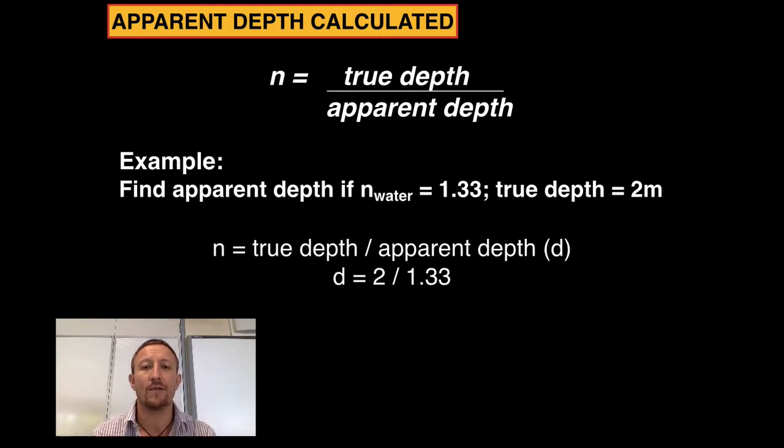So I'm going to swap over apparent depth and refractive index. So I get true depth divided by the refractive index will give me the apparent depth of the image, which is 2 divided by 1.33. So my image is going to be 1.5 meters from the surface. So basically it's half a meter higher than where the object obviously is.